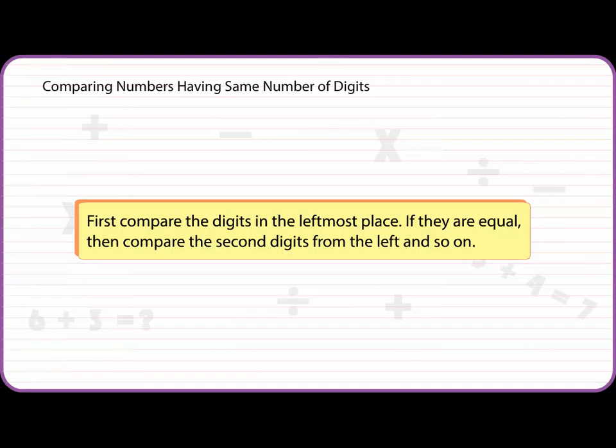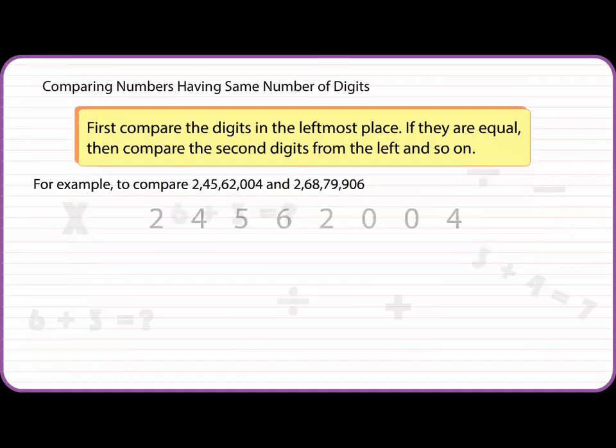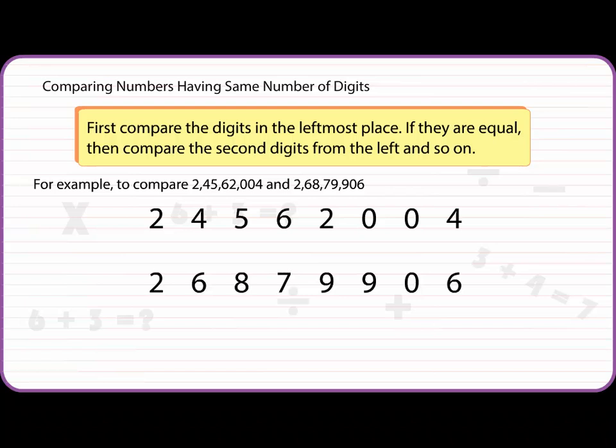Comparing numbers having same number of digits. First, compare the digits in the leftmost place. If they are equal, then compare the second digits from the left and so on. For example, to compare 2 crore 45 lakh 62,004 and 2 crore 68 lakh 79,906, first compare the leftmost digits, which are 2 in both numbers.